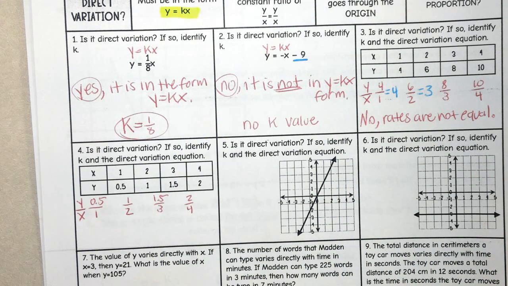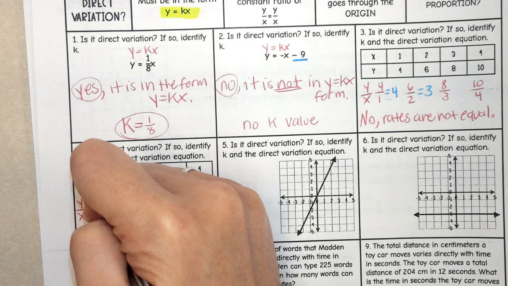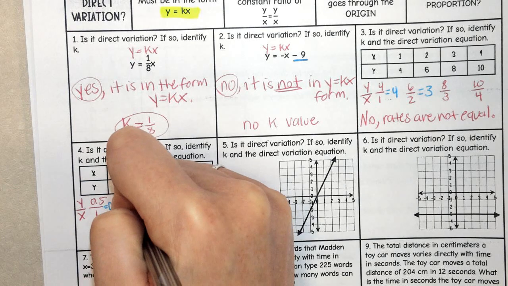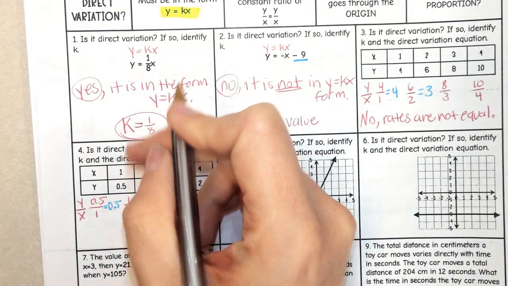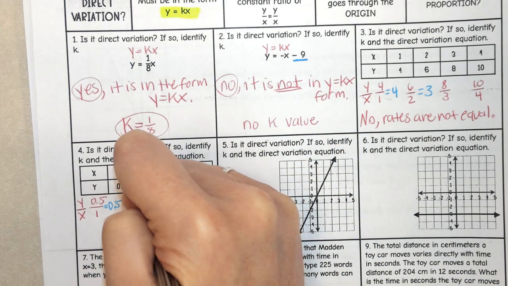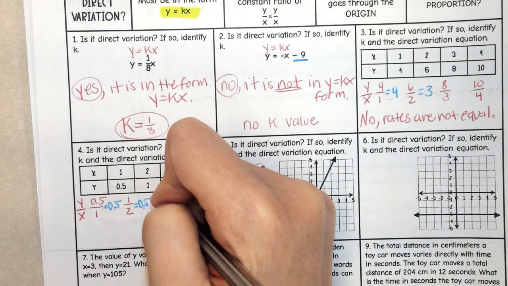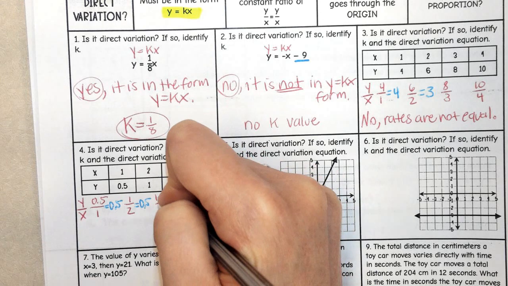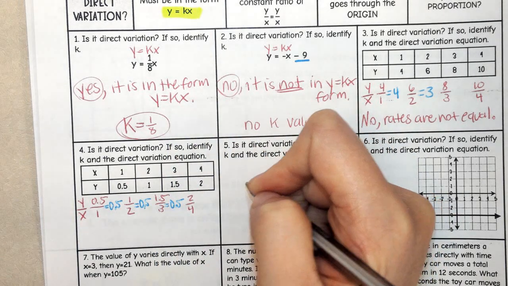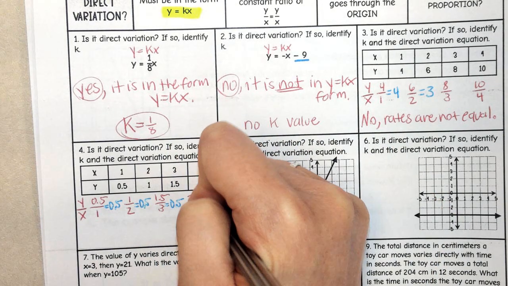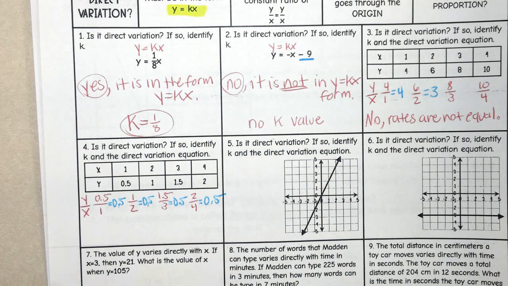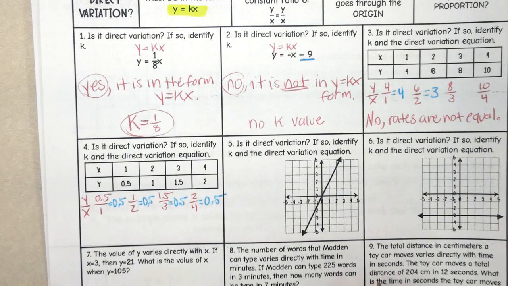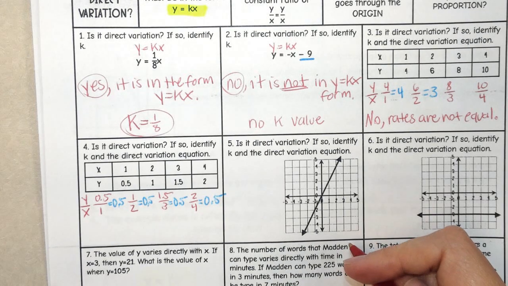Don't just trust the person next to you. 0.5 divided by 1. Yeah, you guys can do that usually in your head. 1 divided by 2. 0.5. This is the one I want to make sure you type in. 1.5 divided by 3. 0.5. And 2 divided by 4. 0.5. So, are they all equal? So, is it proportional? So, is it a direct variation?